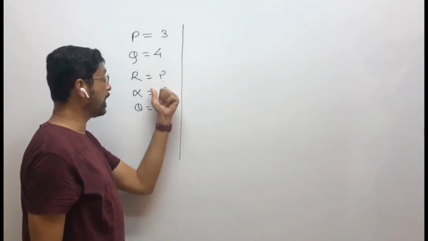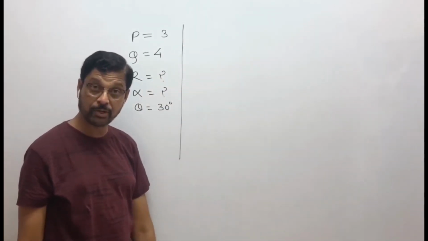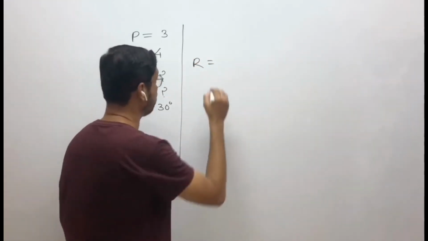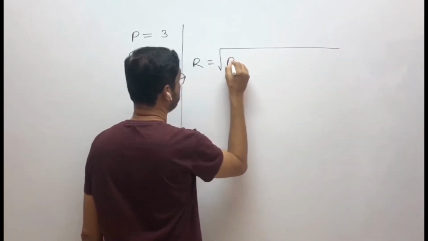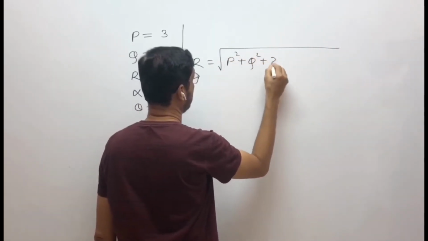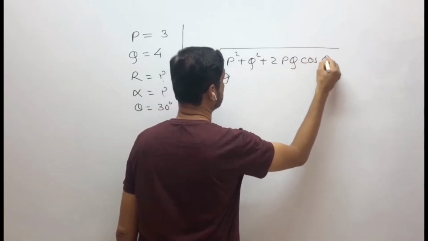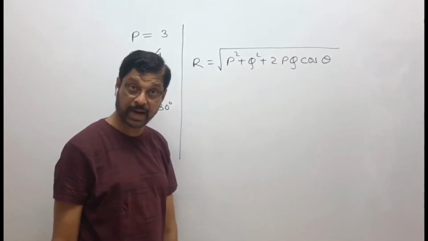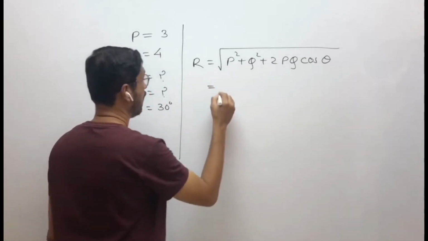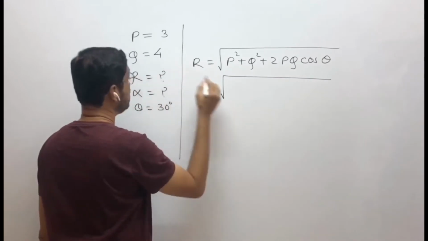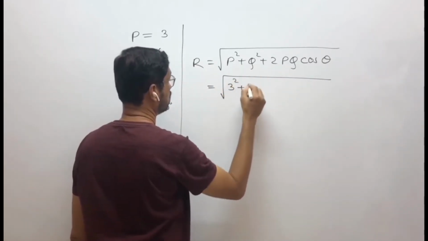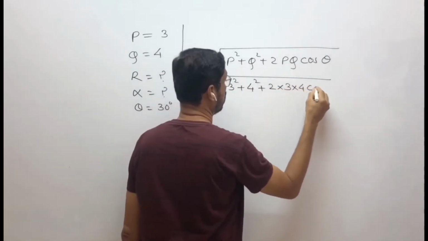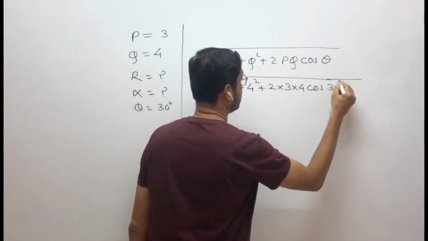Now to find R and alpha, what formula you are going to use? Resultant R in magnitude is given by under root P square plus Q square plus 2PQ cos theta. This is the formula that we derived in law of parallelogram of vector addition. That is equal to under root P is 3 plus Q is 4 plus 2 into 3 into 4 into cos of 30 degree.